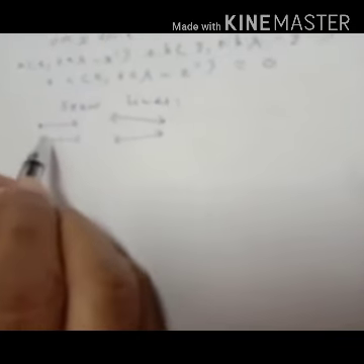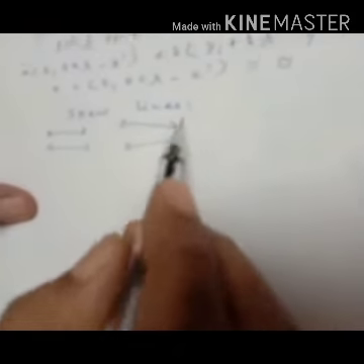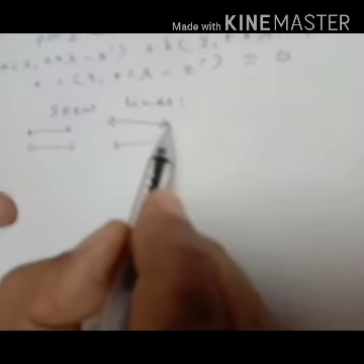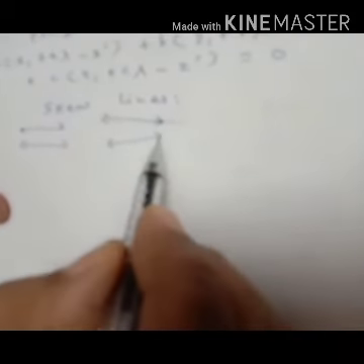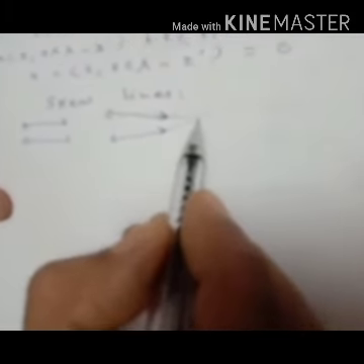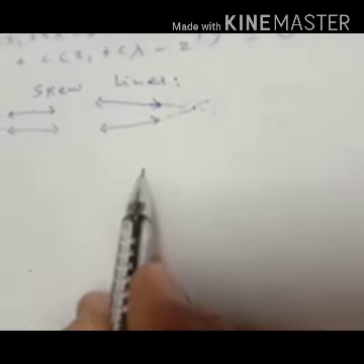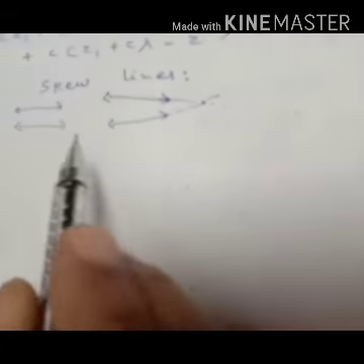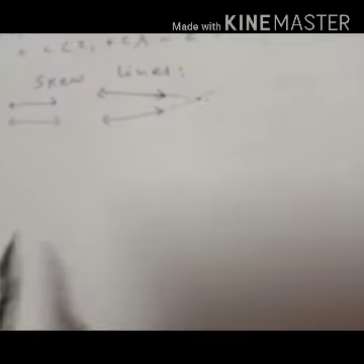Here the lines are parallel; if we extend them on both sides, they will never intersect. These lines are not parallel; if we extend them, they are going to intersect each other. So if there are two lines in a plane, they are either parallel or intersecting.